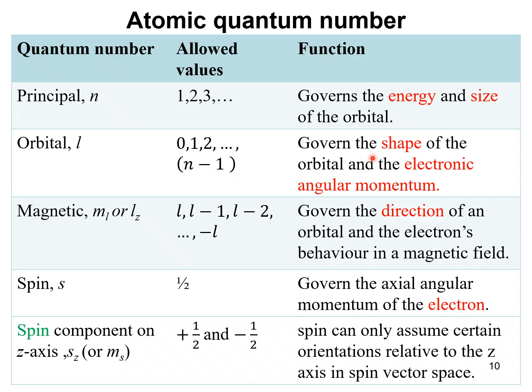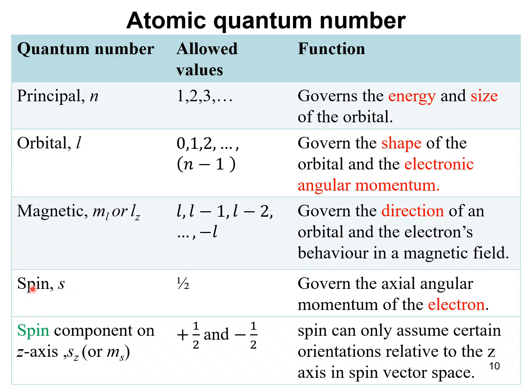This will govern the shape of the orbital, while the direction of the orbital angular momentum is given by the symbol ml or l subscript z. This will govern the direction of the angular momentum for the orbital. Their values range from plus l to minus l.